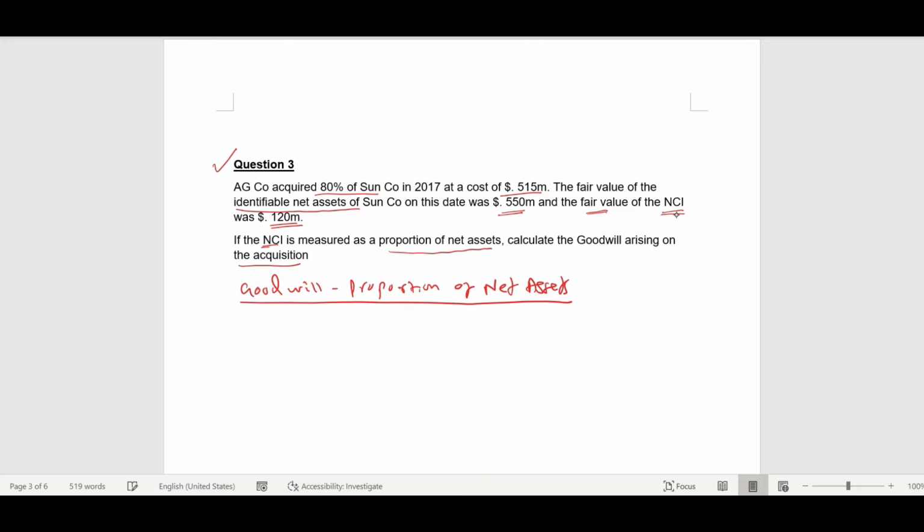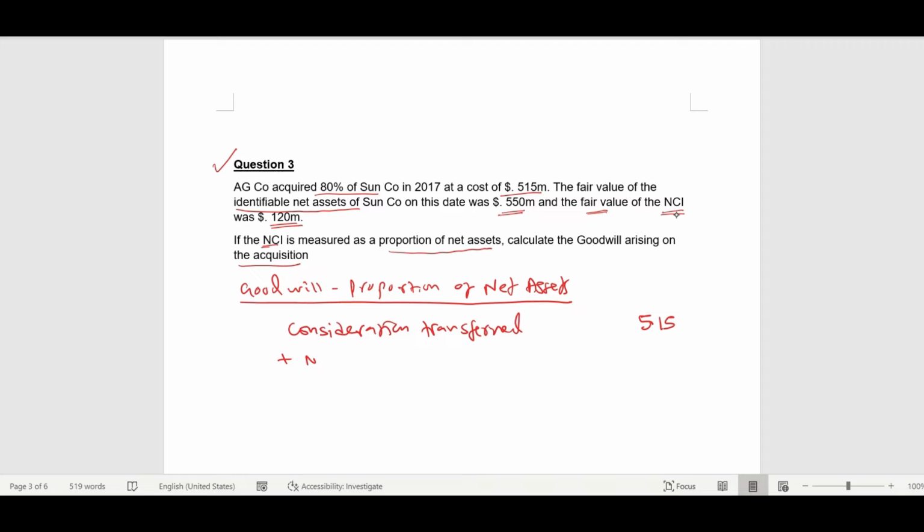So what is the consideration paid? Consideration transferred, we can say how much? 515 million.